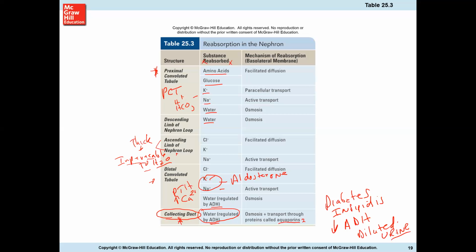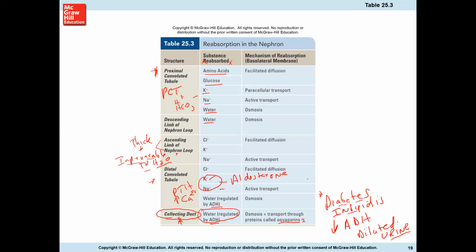You want to concentrate urine with your solutes and your nitrogenous wastes, especially hydrogen and urea and uric acid and creatinine. You want to get rid of that, right? So again, the urine should be concentrated. Of course, if you do an overnight sample, it should be concentrated. You should have all the amount of water back into your cells and in the blood. So diabetes insipidus is no ADH, too dilute urine.